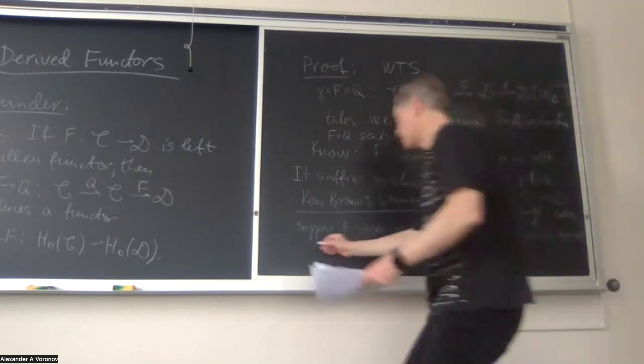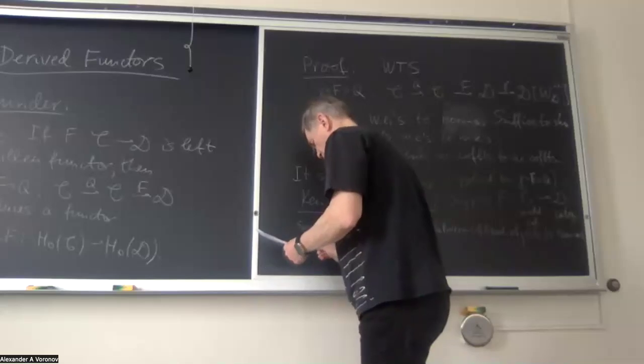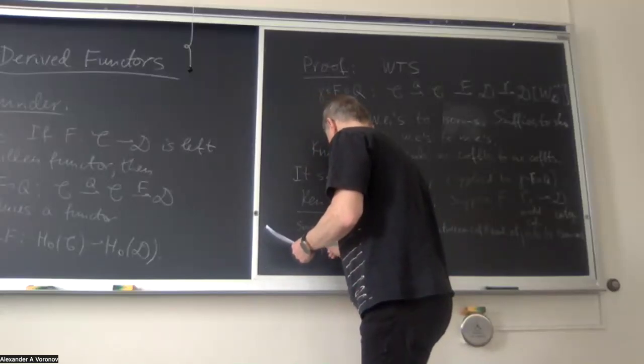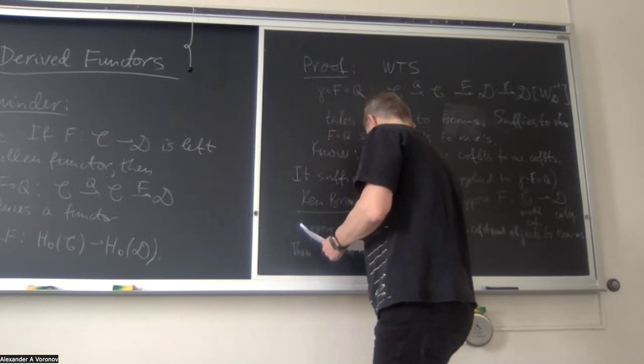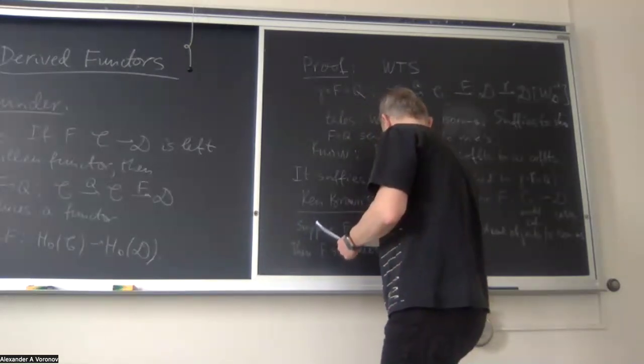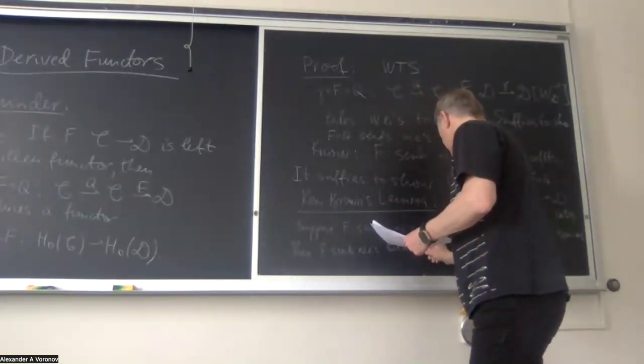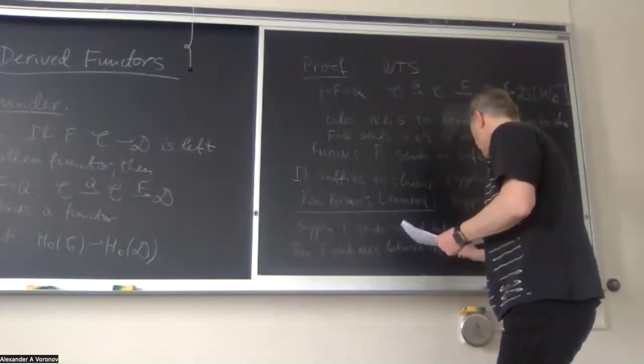Then the statement is that F sends weak equivalences between cofibrant objects to isomorphisms.